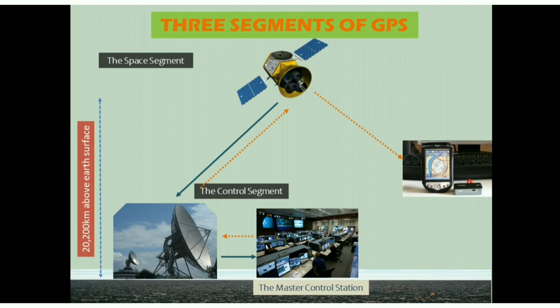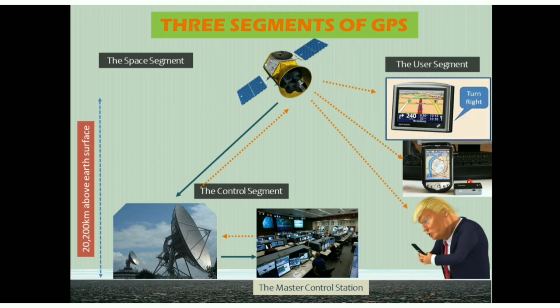The third is the user segment. The user segment is the receivers, which receive the transmitted signal from the satellites for the purpose of determining their position, velocity, and time. Till date, GPS, which is originally known as Navstar, is controlled by the US Air Force.